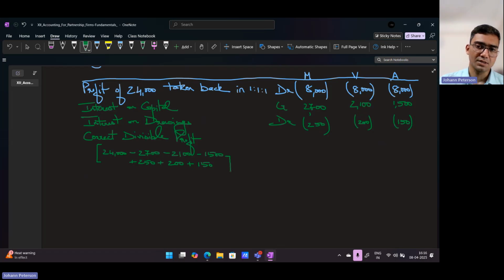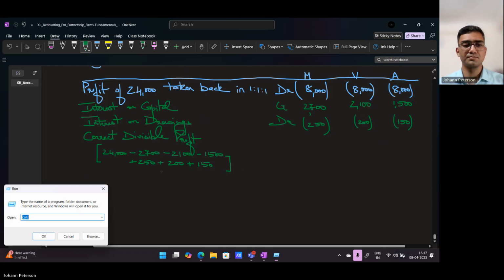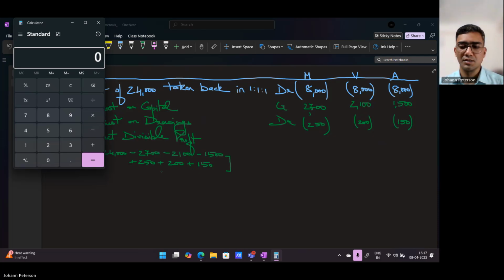Whatever comes, that should be our divisible profit. So 24,000 minus 2,700 minus 2,100 minus 1,500 plus 250 plus 200 plus 150.